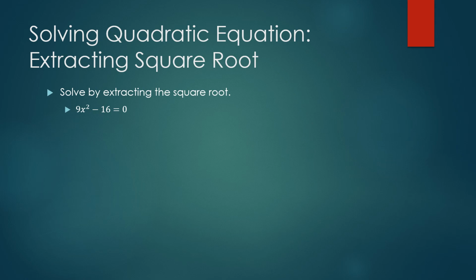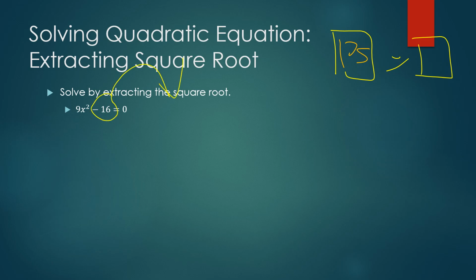For this one, again, let me write here, it must have this format where this is a perfect square equals a certain constant. So we need to get rid of this, put it on the other side. We have 9x squared equals 16.